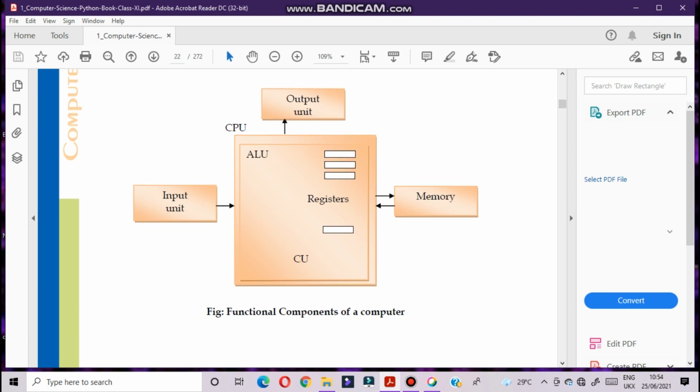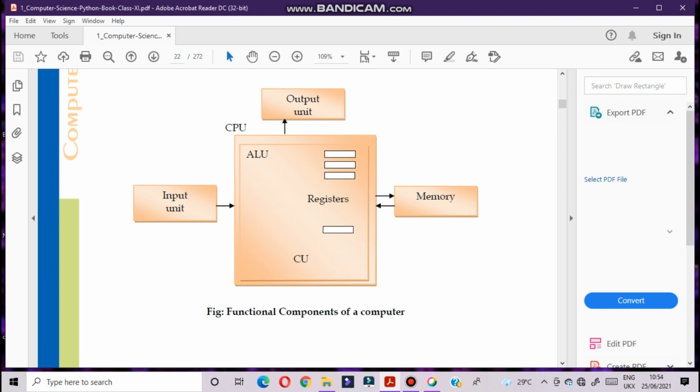I am going to explain again how it will work. Here the user uses an input device for giving input, a command or instruction, into the computer. It goes into the CPU, the processor. What is the use of the processor? It processes the input or commands.